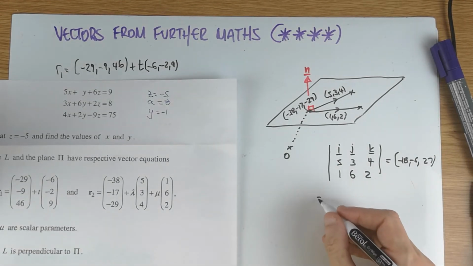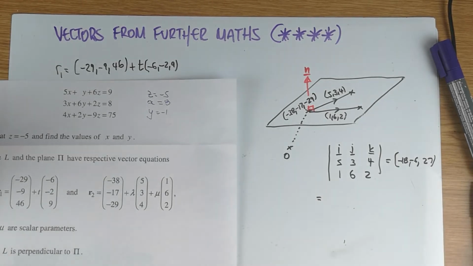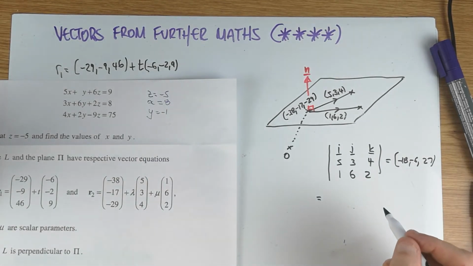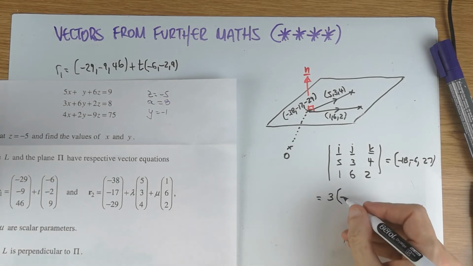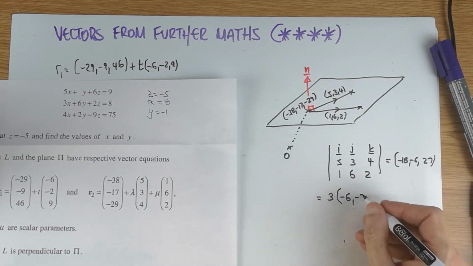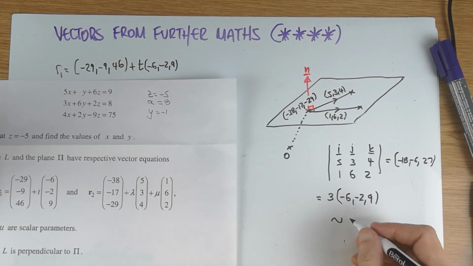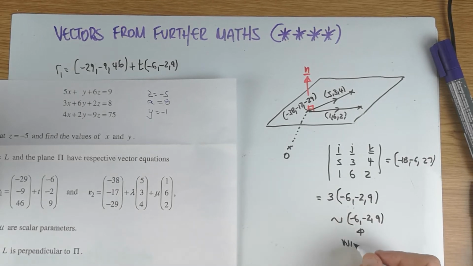And if you look at what happens here, this can be scaled. I can factorize out a 3, looking at the direction of the line, the minus needs to be inside, so it doesn't matter. Pull a 3 out: -6, -2, 9, in other words, it can be scaled to -6, -2, 9, which is the line direction.